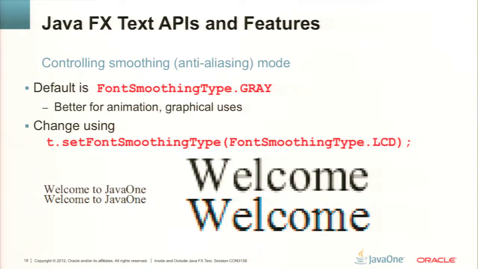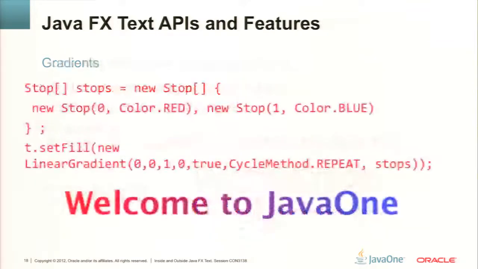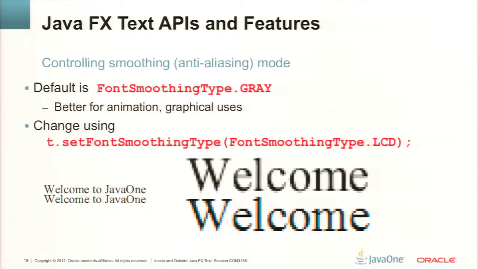And one thing, I don't know if I touched on this here, maybe I do touch on it somewhere else, but basically gray is better for animation and graphical uses. So on a text node, by default, it is gray, right? So if you want to get LCD, you've got to turn it on explicitly.